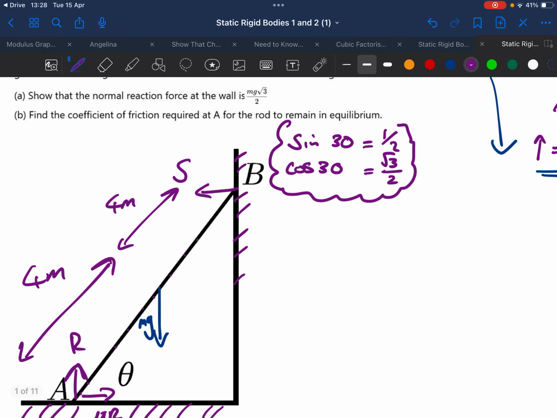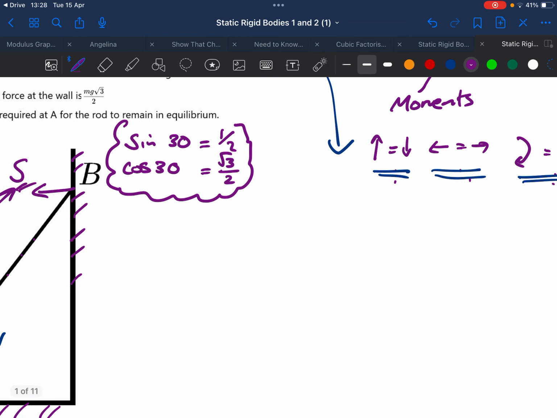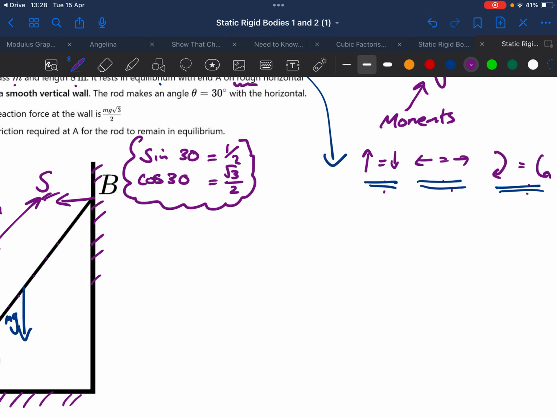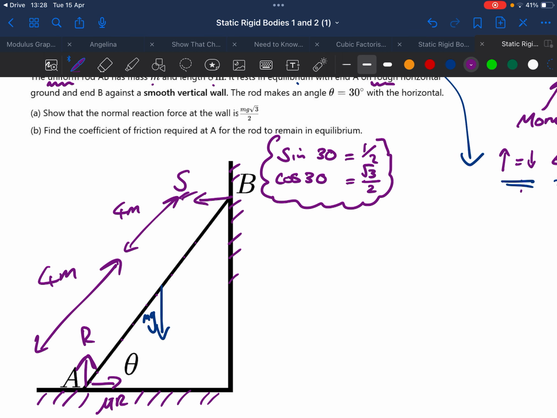For the first one, it says, show that the normal reaction at the wall, that's S, is this figure here. So we could just think about which of these might be the best one to start with. So moments are interesting in that where you take moments, and you will almost always take moments from the ground, where you take moments, you essentially ignore the forces there, which would be those ones.